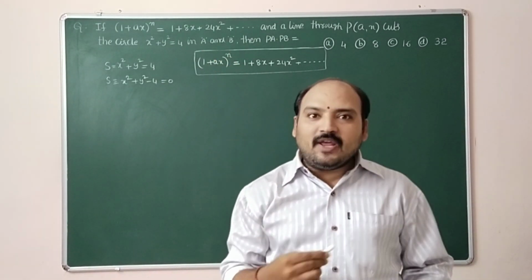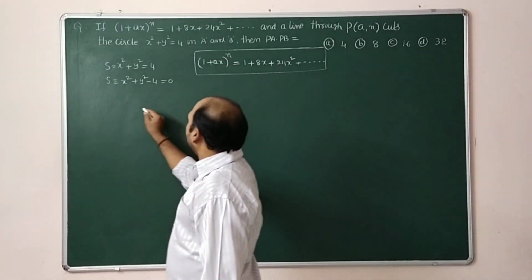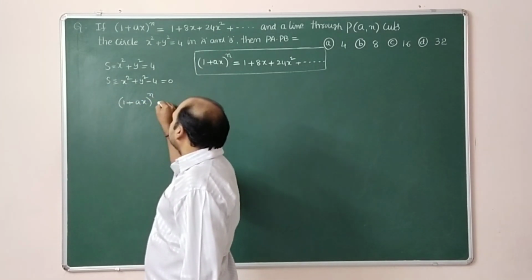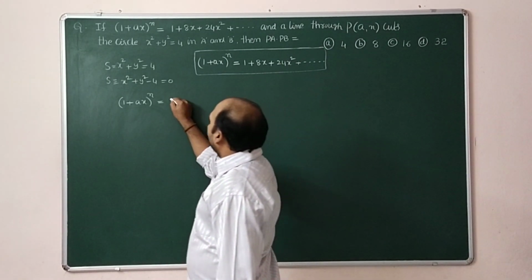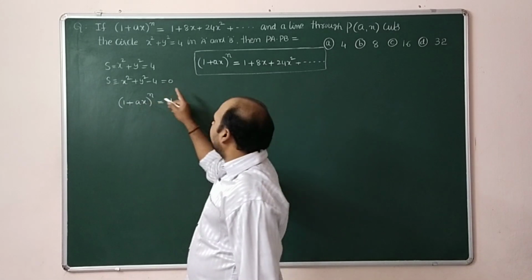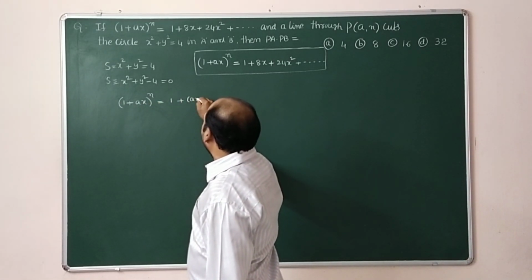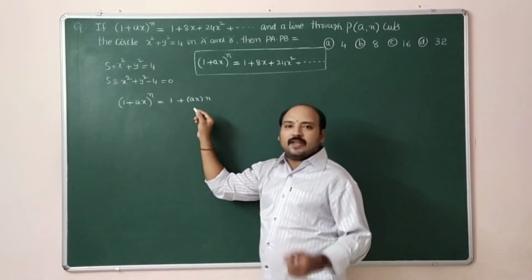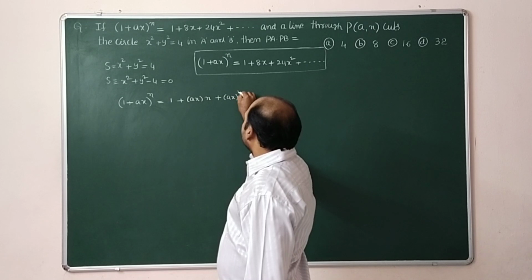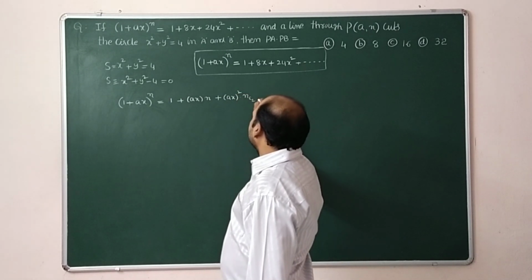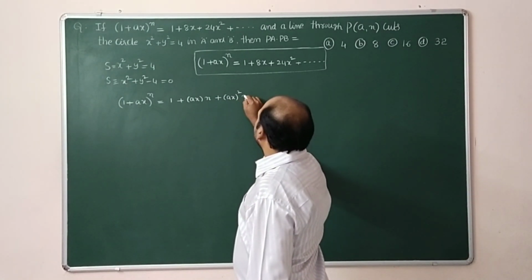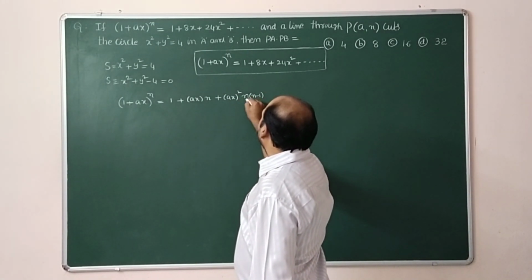We know that in the binomial expansion, generally (1 plus ax) whole power n expands as 1 plus nC1 (ax) plus nC2 (ax) whole square. nC2 means n into (n minus 1) by 2 factorial, so directly we write n into (n minus 1) divided by 2.